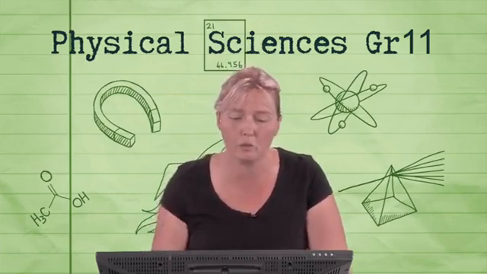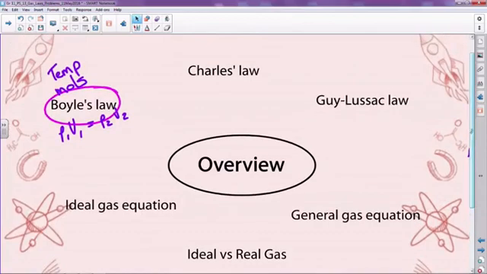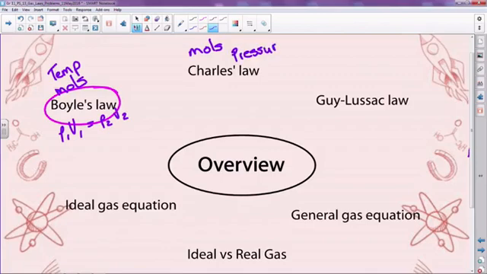P1V1 equals P2V2. Then Charles's law. For this one, he kept number of moles constant. You'll see that that is a common thread here, number of moles constant, and he kept pressure constant. With those two, Charles was able to establish the relationship between volume and temperature.